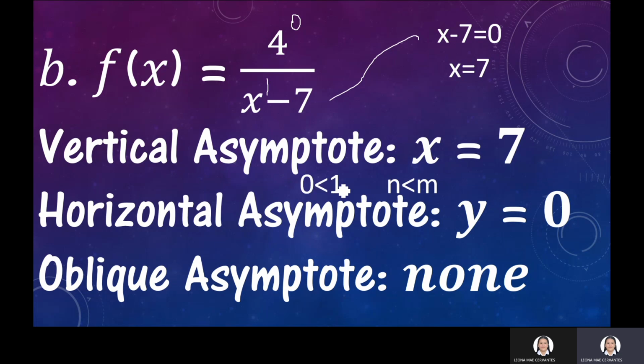Mas maliit yung 0 kaysa 1. Therefore, n is less than m. So, based sa theorem, check nyo lagi yung theorem or kung kayang tandaan, tandaan. At kung hindi naman, pwede nyo i-check. So, horizontal asymptote, y is equal to 0. If n is less than m, y is equal to 0. Oblique asymptote, since meron nga ulit tayong horizontal asymptote, oblique asymptote, none. Okay, next.